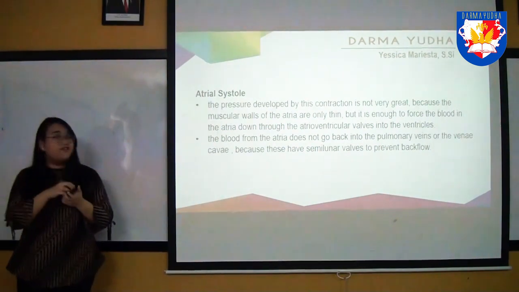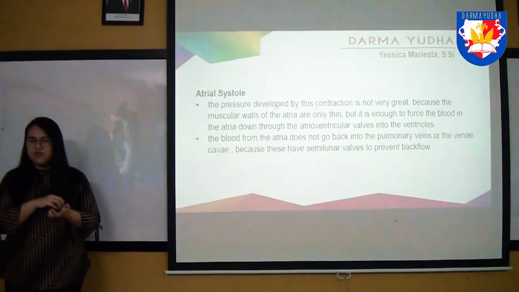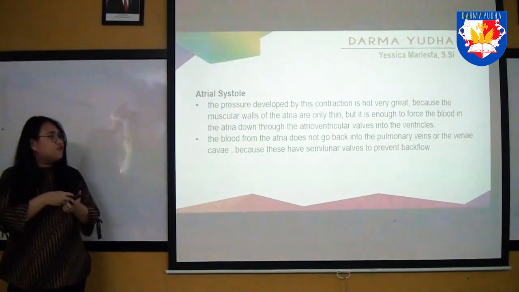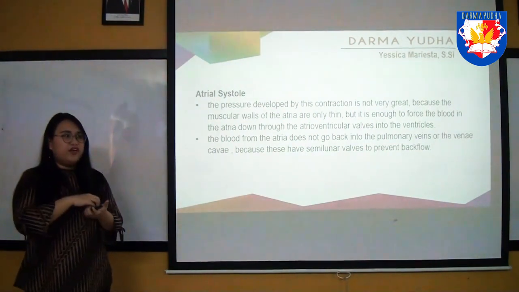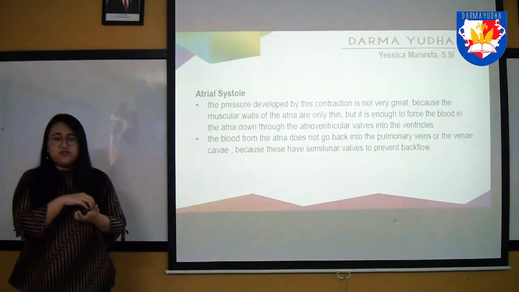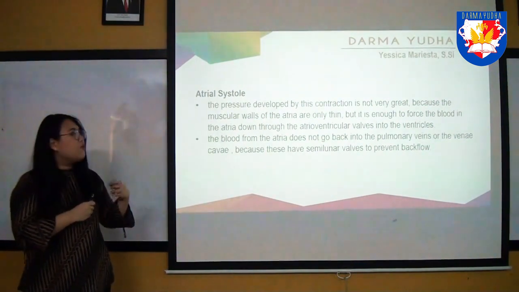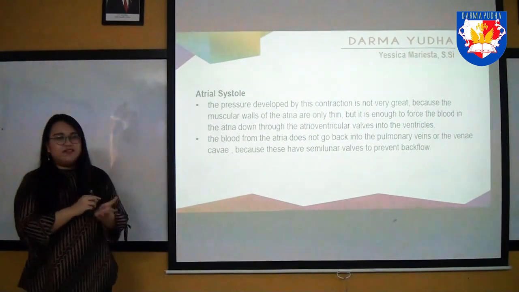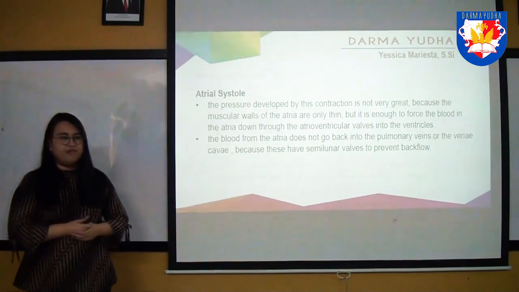The pressure developed by this contraction is not very big because the atrium is very thin. But it's enough to force the blood from the atria down through the atrioventricular valves to the ventricles. The blood from the atria does not go back into the pulmonary veins or vena cava because of the valves that prevent the backflow.